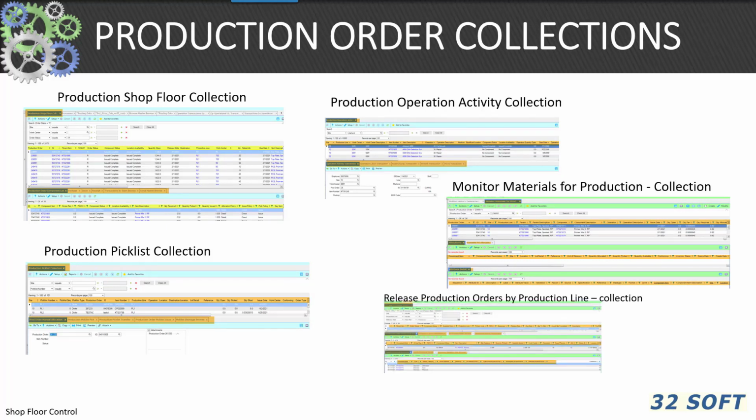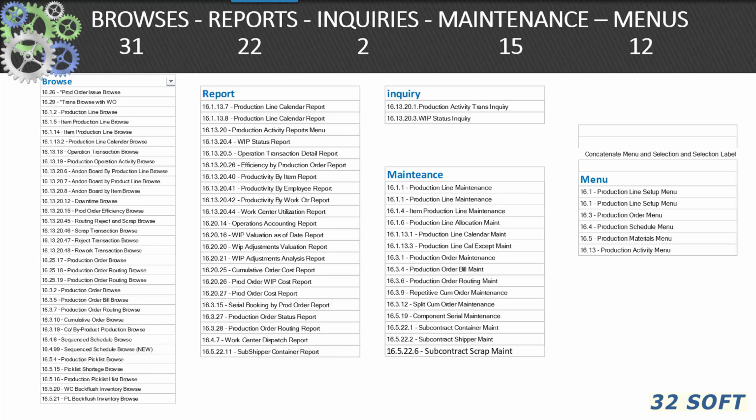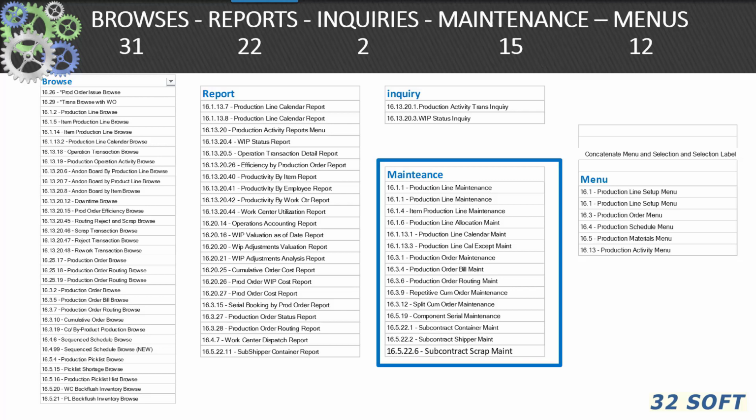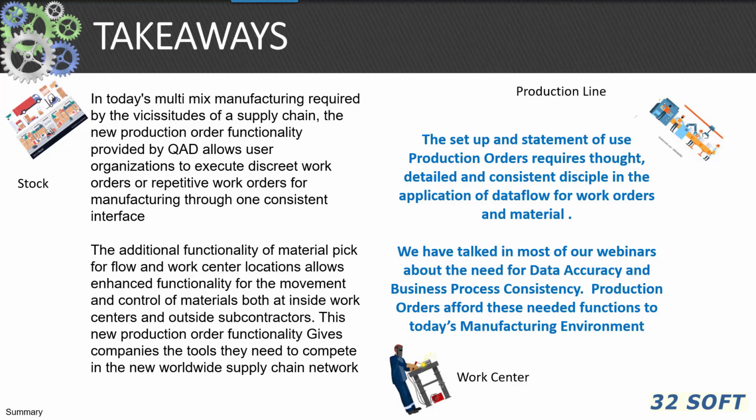These are basically lots of different menus that have been brought into one place that a planner or a warehouse or an operations guy can use to do his job. Here's the new basic setup of the new production order. 31 browses, 22 reports, not a whole lot of inquiries, and then the maintenance, and you need to pay attention to those maintenance functionalities.